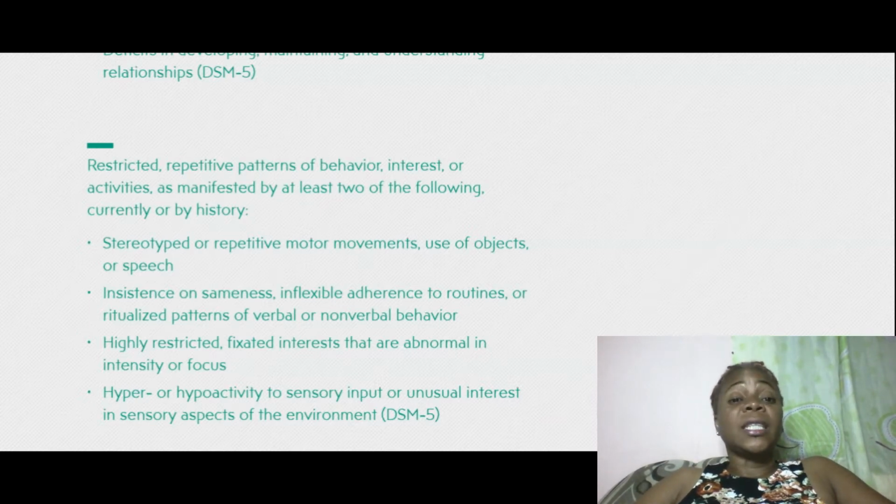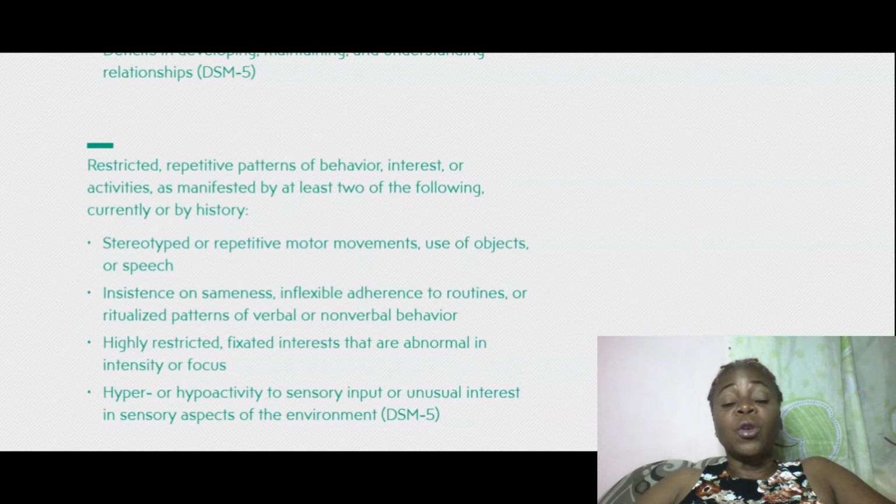These are the DSM criteria that is used for a child to be diagnosed with having autism spectrum disorder.